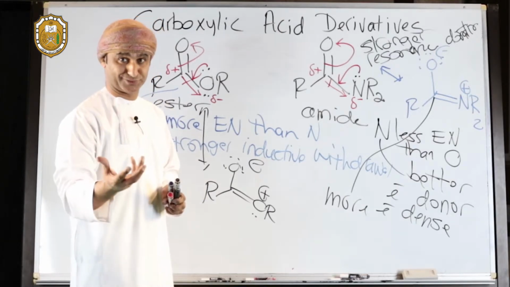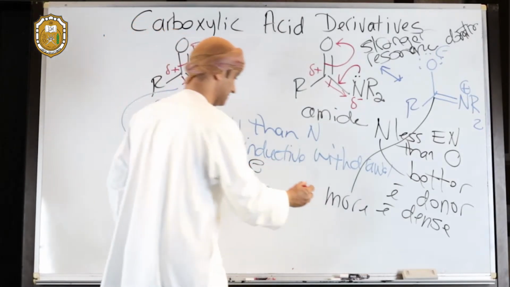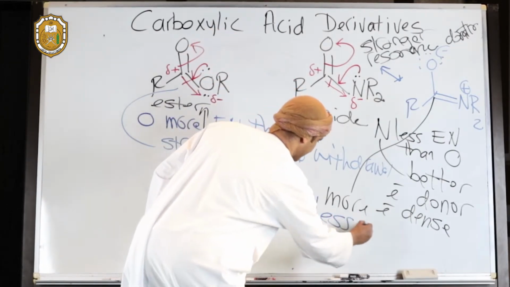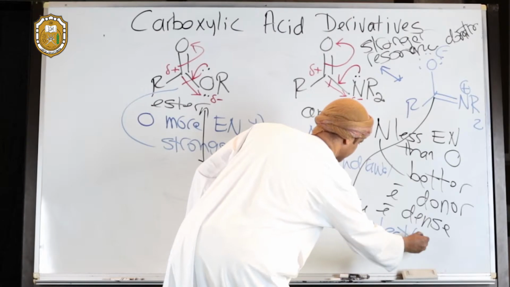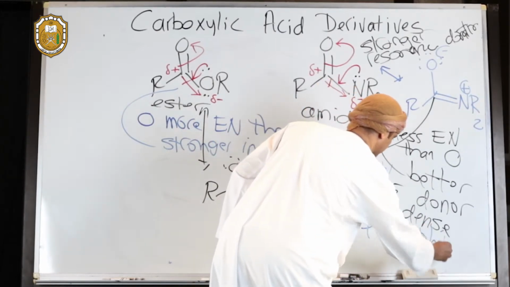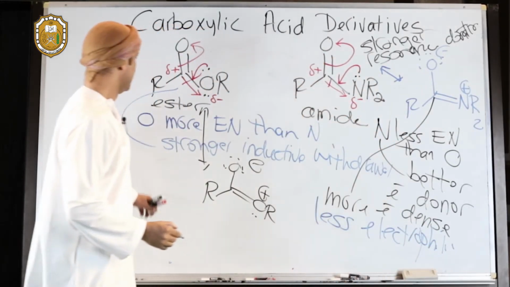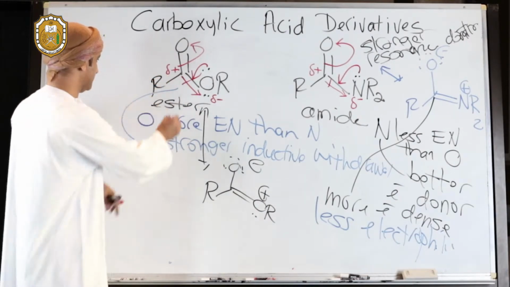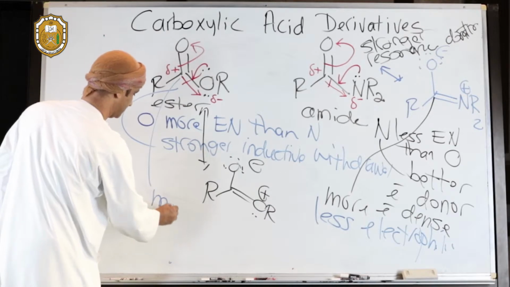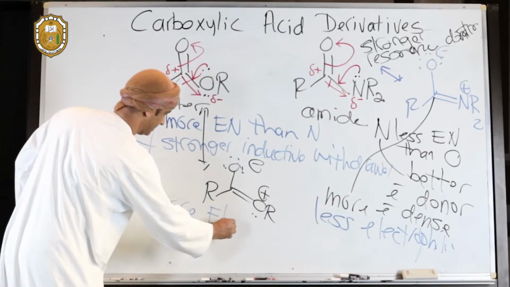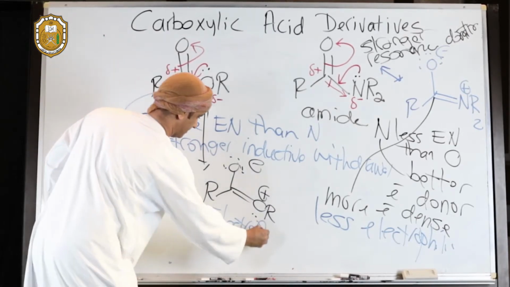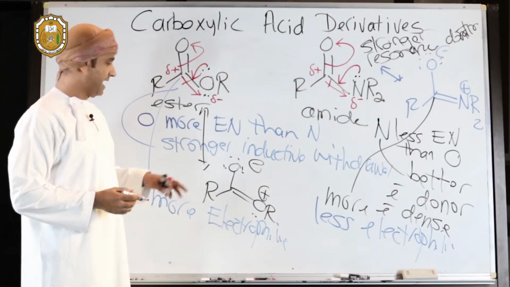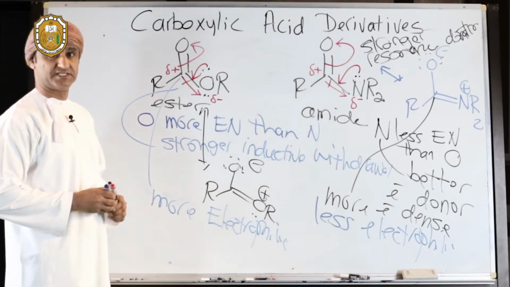If it is more electron dense, therefore, it is less electrophilic. It's less electrophilic than carbon of esters. Carbon of esters, obviously, is more electrophilic because of the stronger inductive withdrawal and the weaker resonance donation.